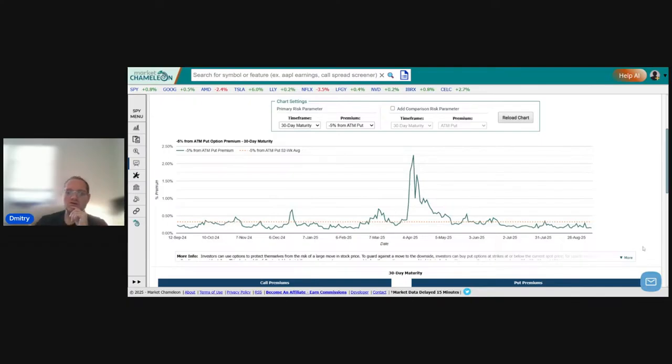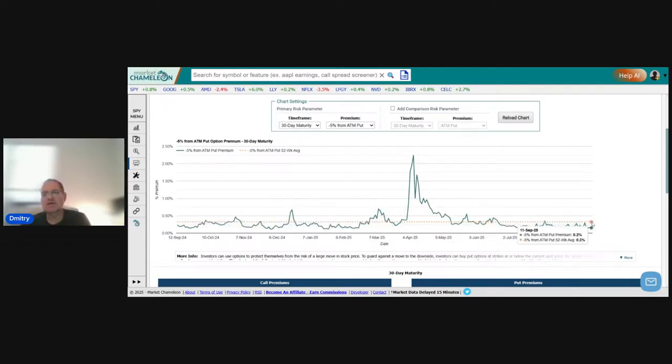So you could see here that currently, I'm going to hover over this, the 5% out of the money put would cost you 0.2% premium, 0.2% of spot price. And if we wanted to compare that to history, we could look at the chart and see that, just eyeballing it, it's been much higher than that up here, and it's maybe been lower as well.